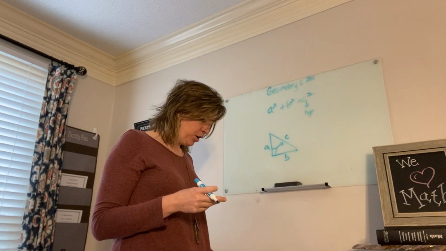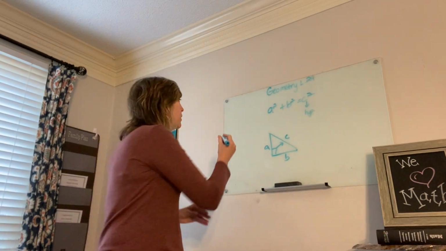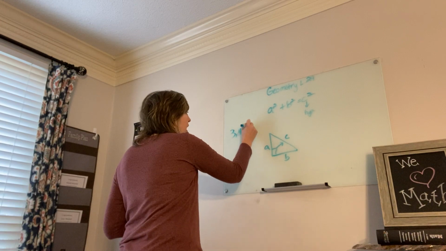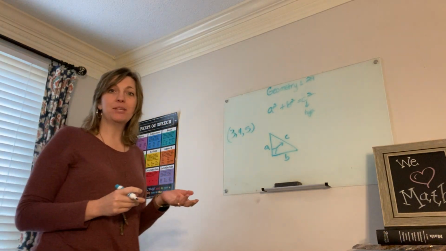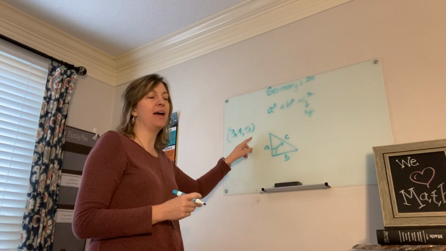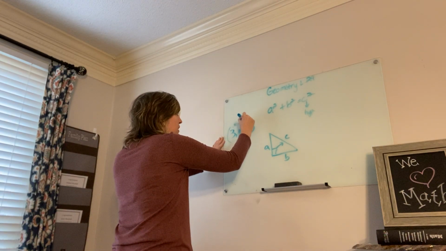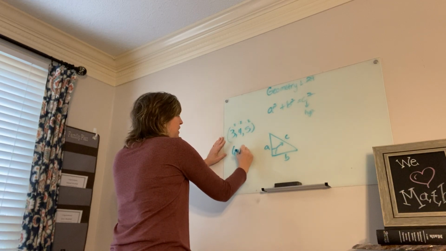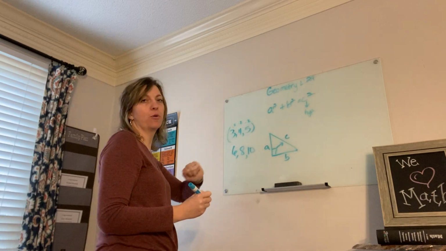All right. Now your book also tells you about some common Pythagorean triples. 3, 4, and 5 are the most common Pythagorean triples. A lot of times on standardized tests, they'll use patterns of that. Like they might multiply each of these by 2 and give you 6, 8, and 10. But they'll always reduce to 3, 4, 5.